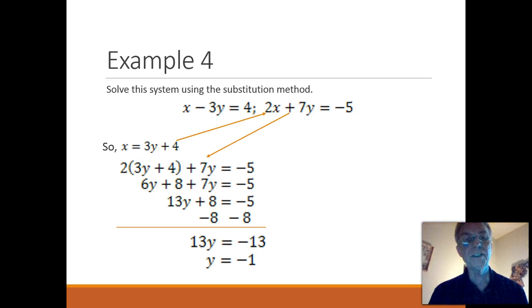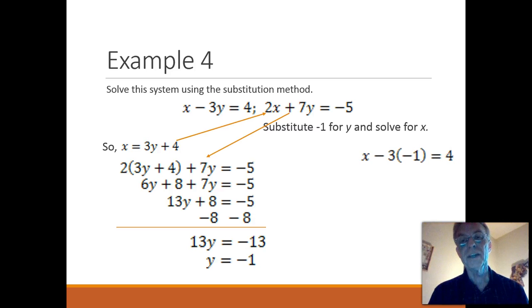So there's part of my solution. The next thing I'm going to do is take the negative 1, plug it back into one of the equations. I think I used the first one. So substitute negative 1 for y. So I did use the first one, so this is what I've got. x minus 3 times negative 1, where the y is, equals 4.